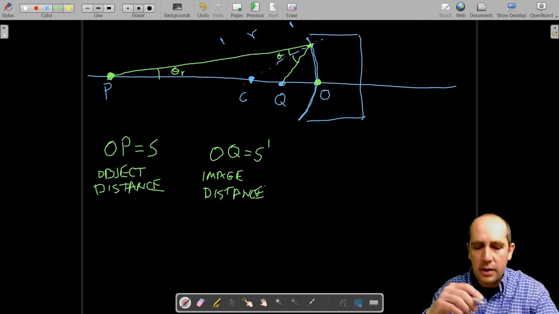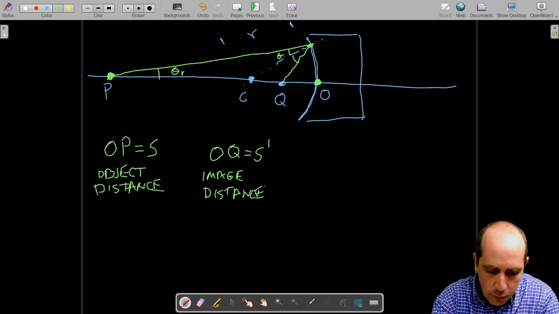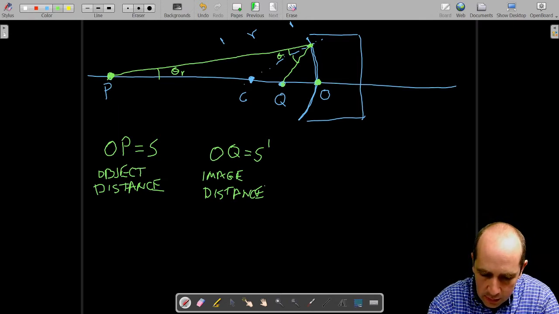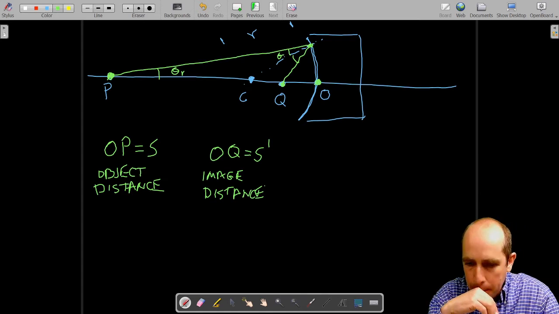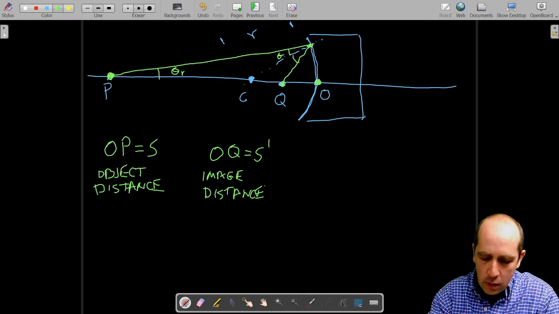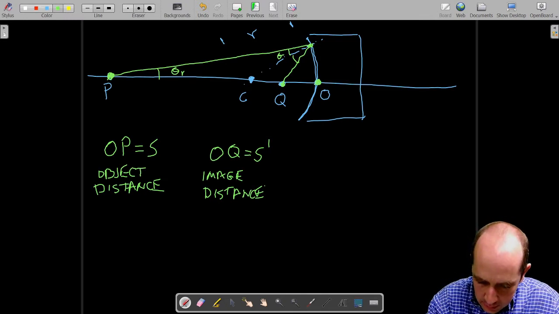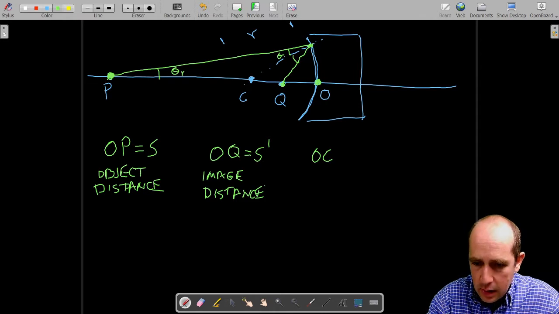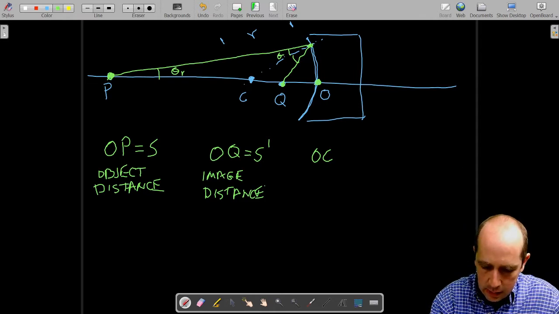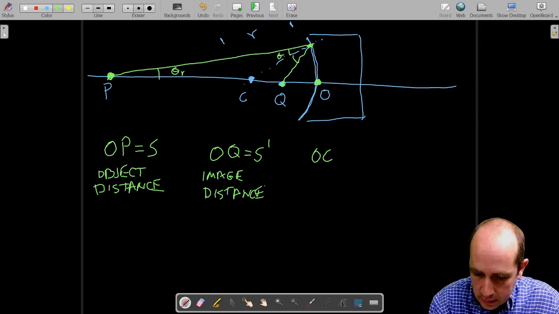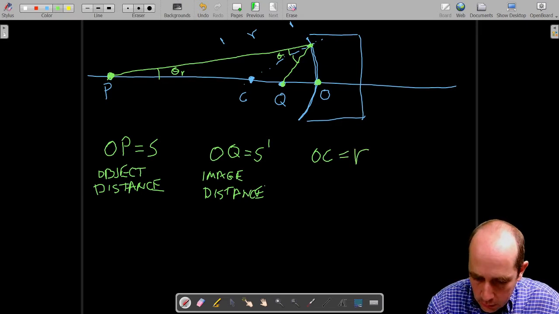So this means that the image of this point lies somewhere in this position Q. And finally, the O to C distance, which is this one that I already placed there, we will call it R, or the radius of curvature.